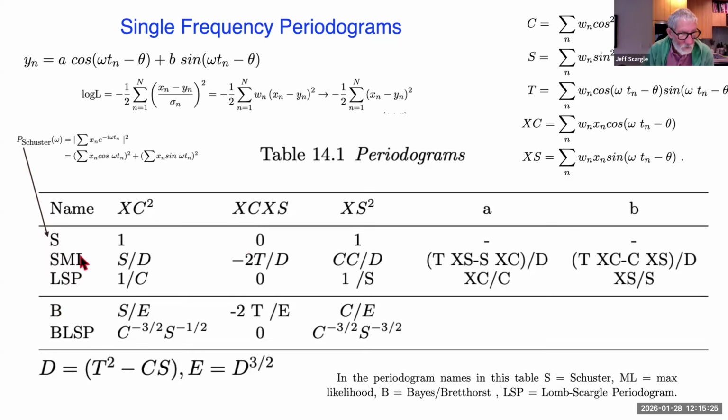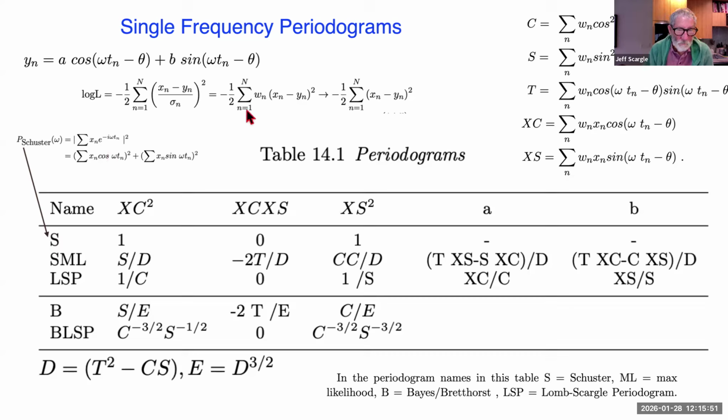In this table, I don't know how easy it is to read, but the names are the Schuster, just plugging the sample times into the Schuster periodogram, just ignoring the fact that the times are not evenly spaced. Normally, remember in the FFT and so on, you assume evenly spaced time, but just sort of dumbly sticking the times in, you get a reasonable periodogram that's called the Schuster periodogram.